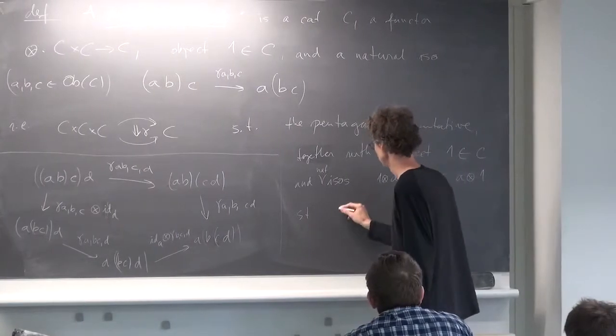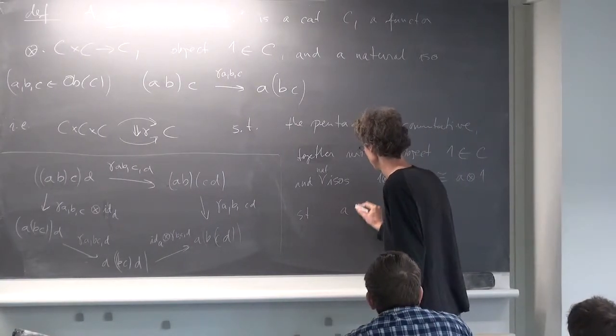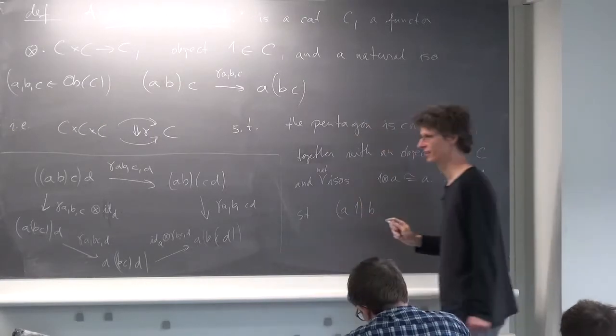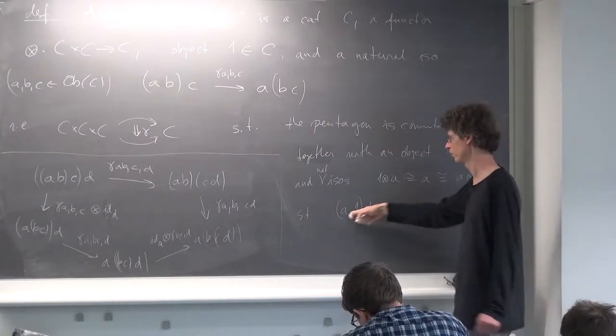What one needs is, so we might imagine that if you have A, 1, B, there are two ways how to compute this product.